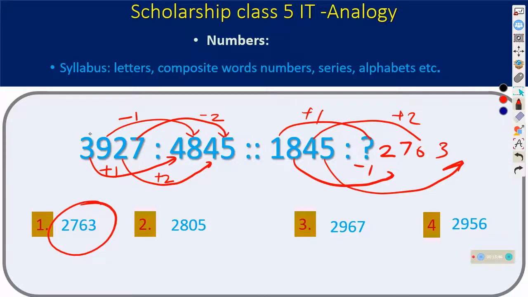I just connected each digit with the digit in the given option. 3 plus 1, 9 minus 1, 2 plus 2, 7 minus 2. Okay, so this way we could solve it. Good.